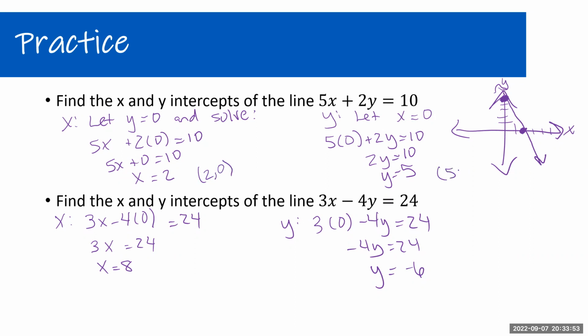And this is going to be 0, 5. Okay, this will be 8, 0, and this will be 0, negative 6, if you wanted to write them in coordinates. If I ask you to find the intercept this or this, it's completely fine. Just make sure you're answering the right question, whether it's a y or an x or anything like that.